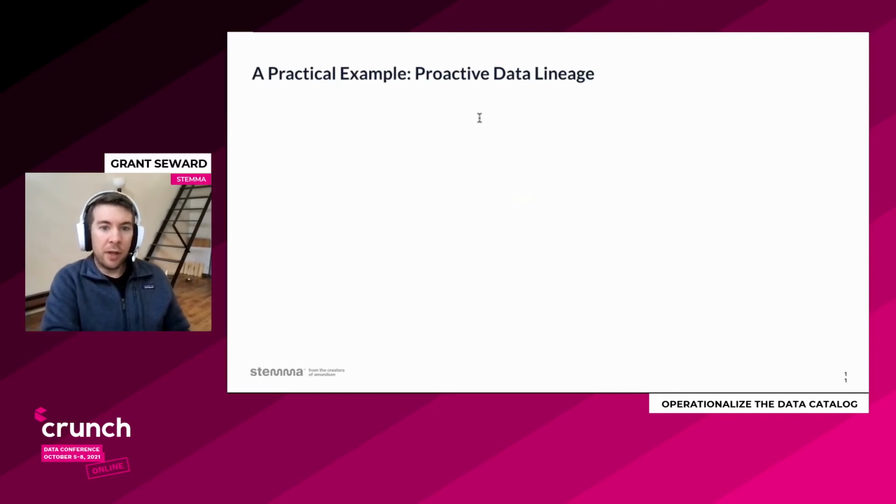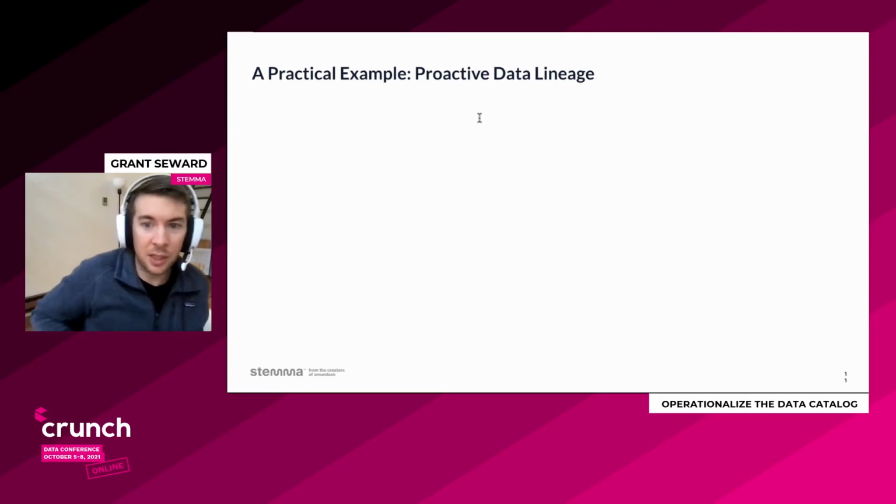One of my personal favorite use cases for this is where the data catalog is integrated into the CI/CD process, and it proactively is identifying lineage before the change to the underlying ELT process occurs. In general, automatically capturing lineage requires a relatively large effort to implement.